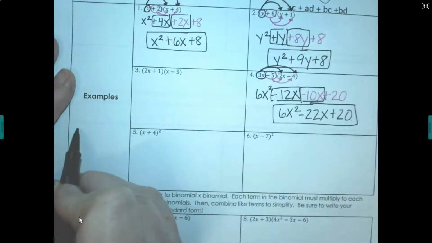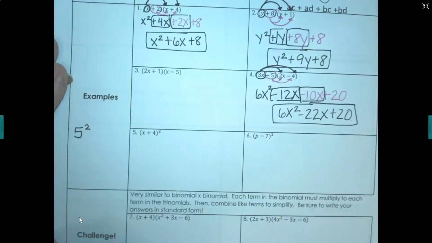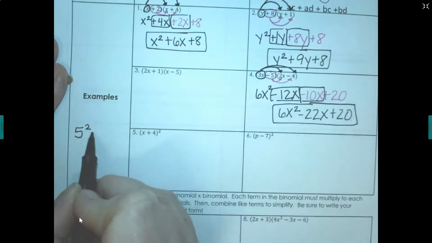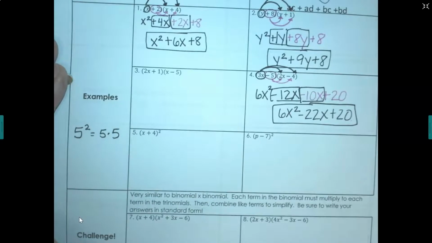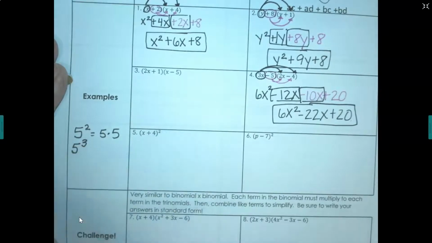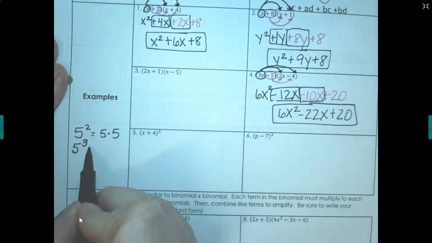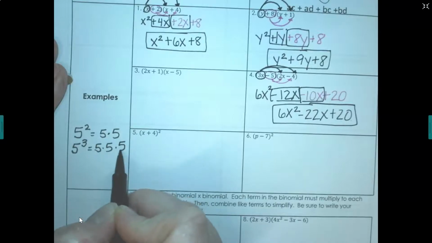So let me kind of bring you back and relate this to something that you know. If I have 5 squared, that means multiply 5 to itself, and you're writing the 5 twice. 5 times 5 is the same as 5 squared. If I wrote 5 cubed, well, what that means is write 5 to multiply to itself a total of 3 times.